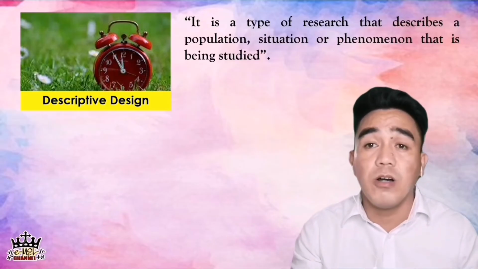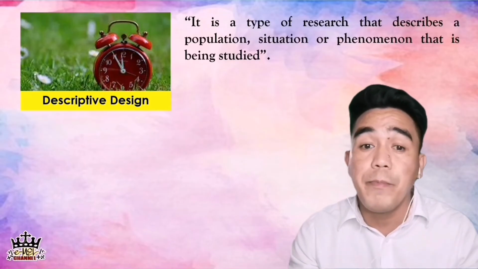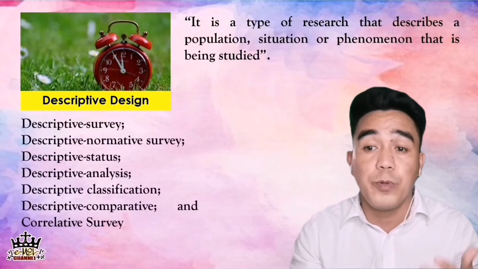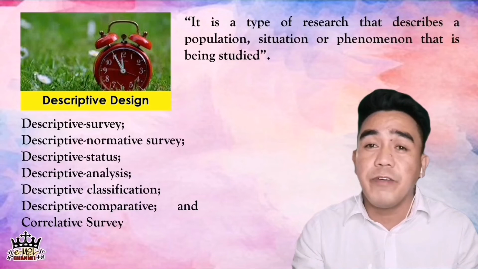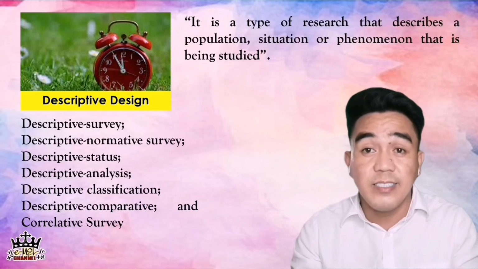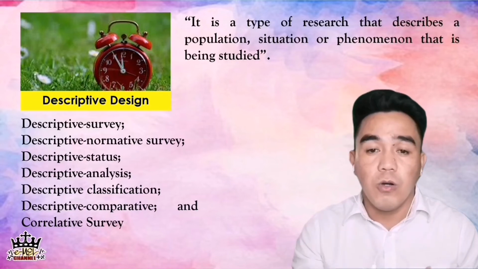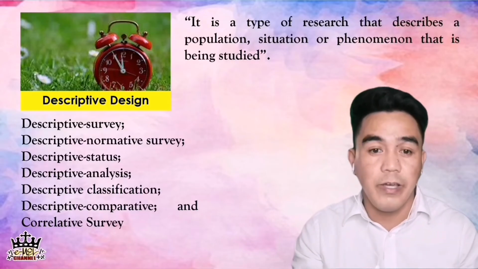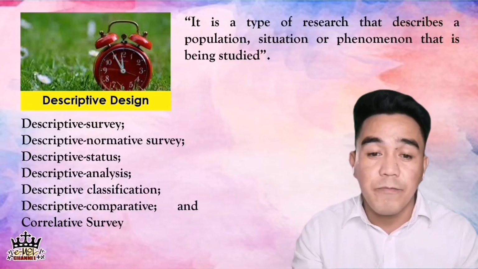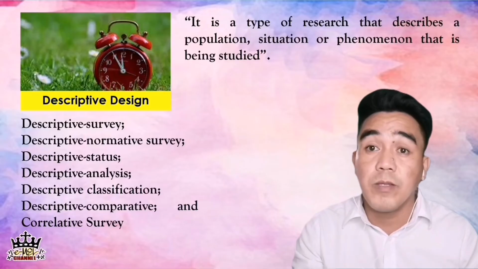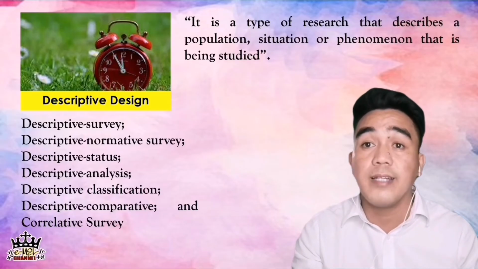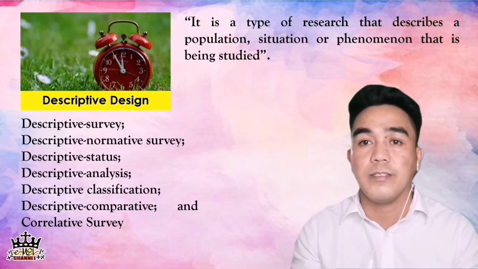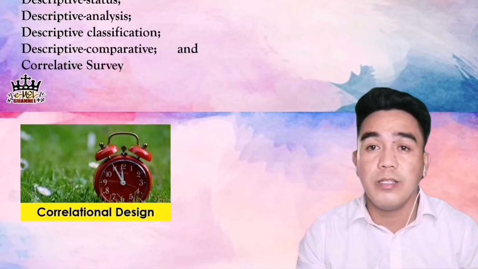This is mainly because it is important to have a proper understanding of what a research problem is about before investigating why it exists in the first place. So, we have the different types of descriptive survey: descriptive normative survey, descriptive status, descriptive analysis, descriptive classification, descriptive comparative, and correlative survey. Number 8, correlational design.